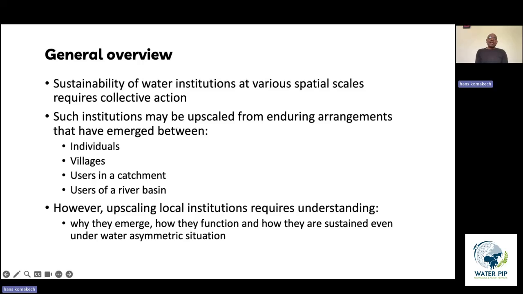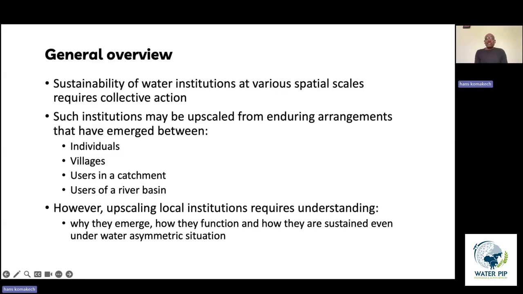So with that, I would like to first start with a more general overview. We often see the statement that water institutions at various scales can be more sustainable if they are based on collective actions that involve a number of stakeholders or users.